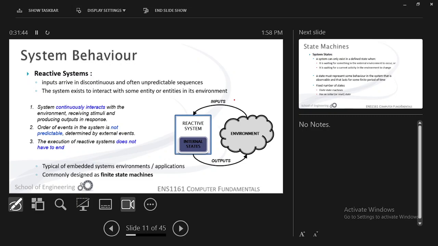For example, a simple one: think we have to monitor weather. This is the place monitoring the weather. So what we need to do is communicate with this kind of reactive system. What happens here? The reactive system is always getting inputs from the external environment. Further, it gives some outputs to the external environment.